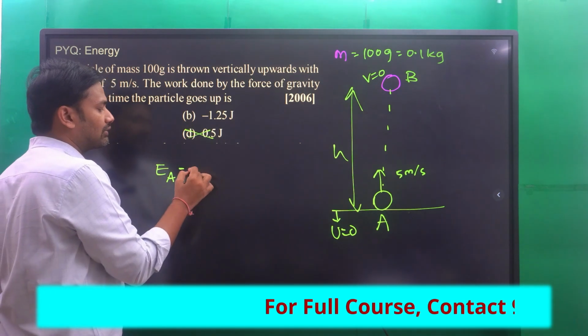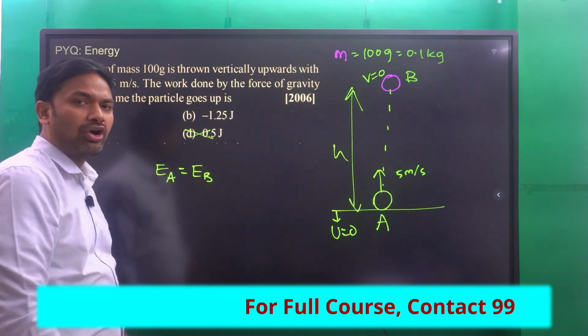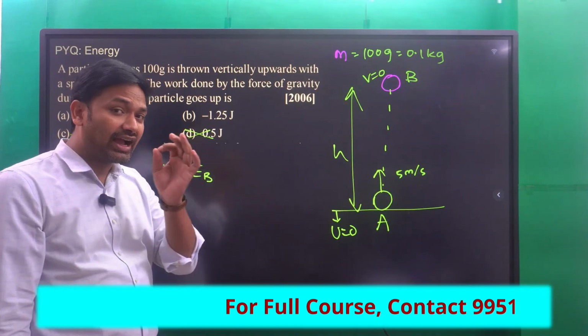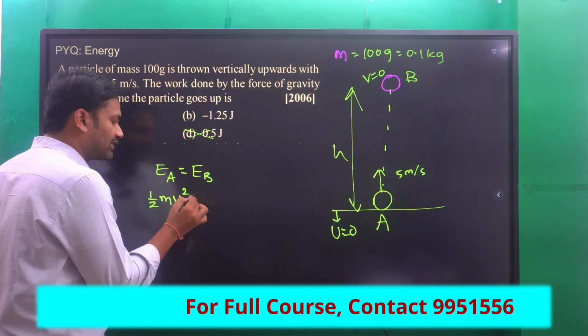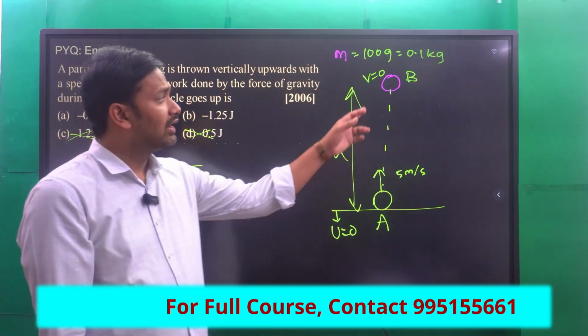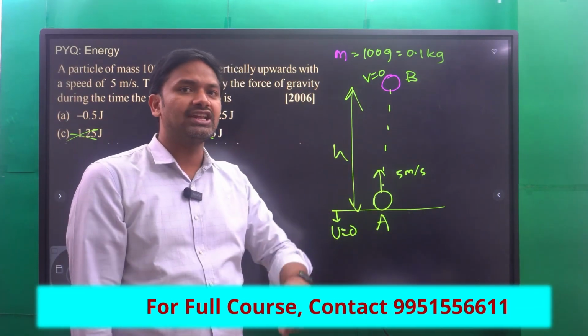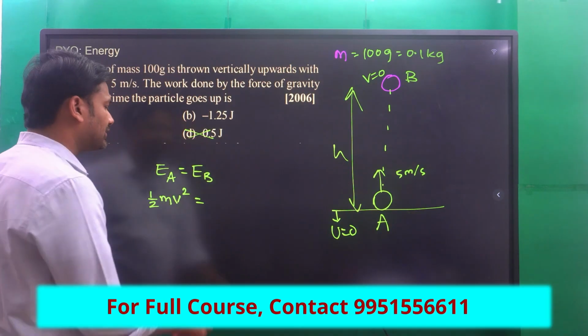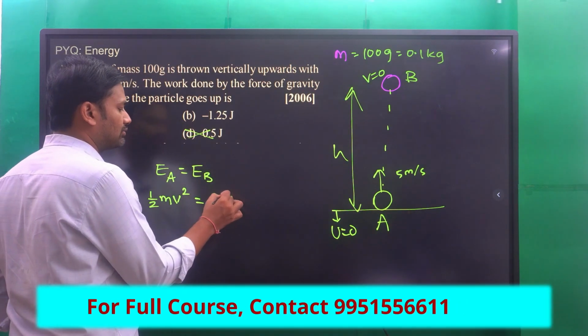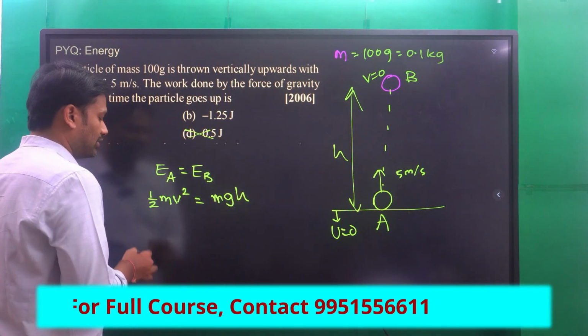Energy at A is equal to energy at B. At point A, only kinetic energy is there. That is half mv square. That is equal to, at point B, only potential energy is there. That is due to the height, because velocity is 0 at that maximum height. So that is m into g into h.